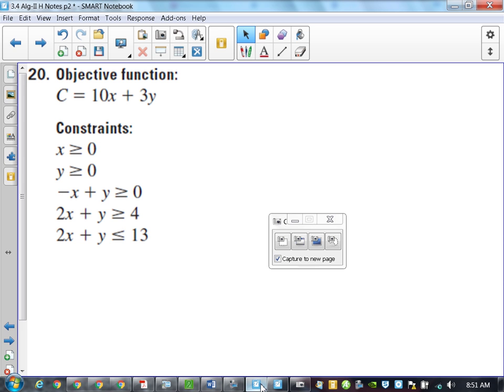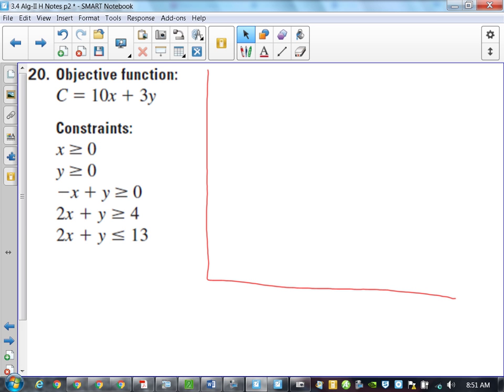So we have first quadrant problem. I'm going to come back to this one and do that part last. X and Y intercepts at 2 and 4.